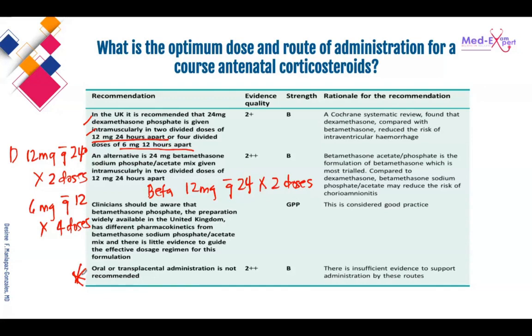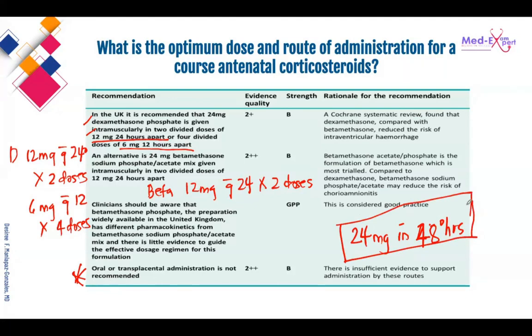You have to complete 24 milligrams in 48 hours. So whatever you are using, you have to complete 24 milligrams. This is what the guideline says. So now you know the dosing.